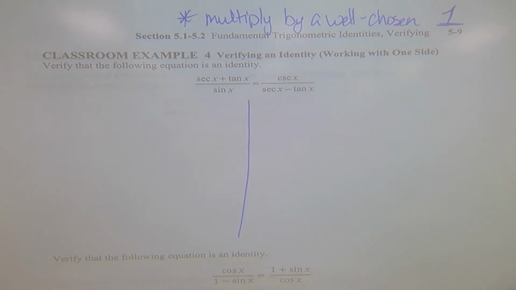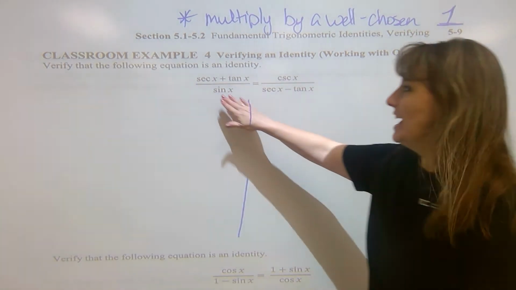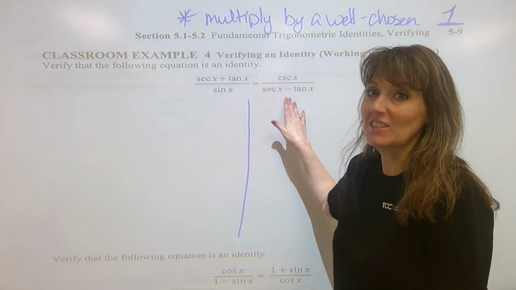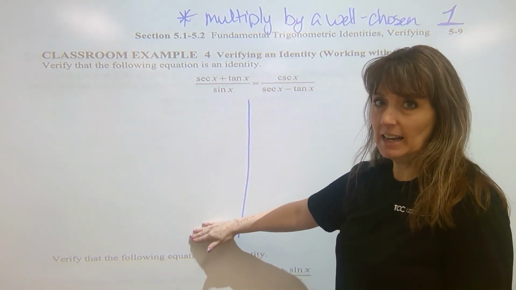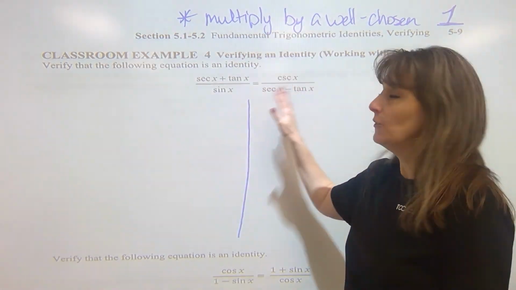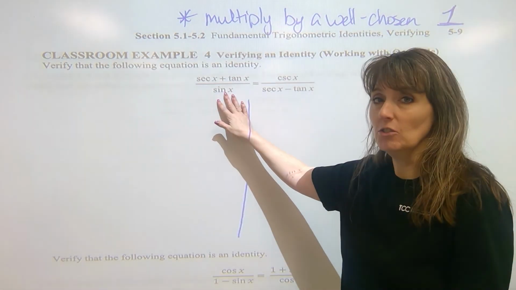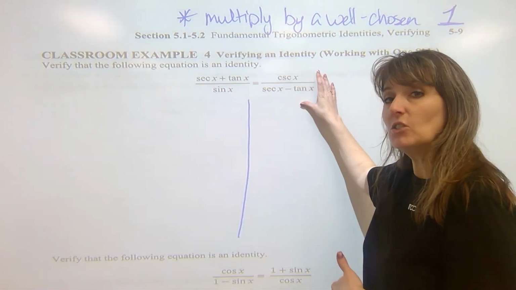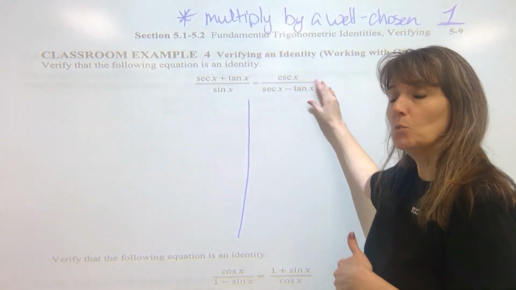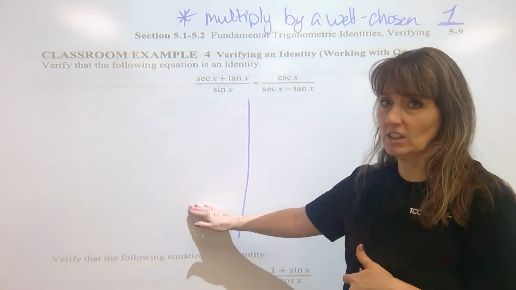Because if I look at these identities, I can't pick which side is more complex. They're both fairly complex. So we are going to work the left side and make it match the right. If you choose to do that, that's all you have to do. But I want you to be able to see that you could also have chosen the right side and worked down it to make it match the left.